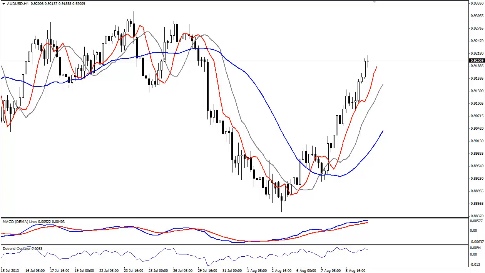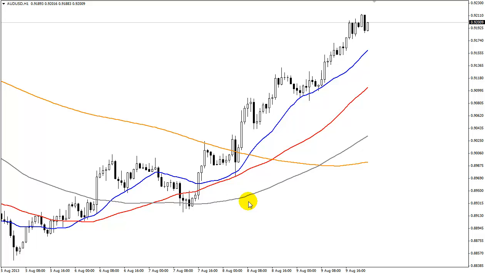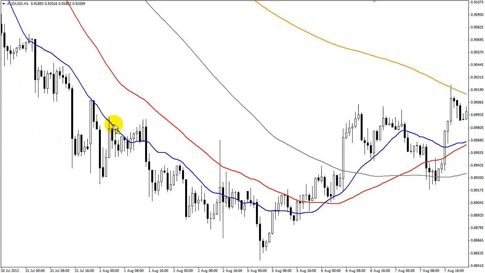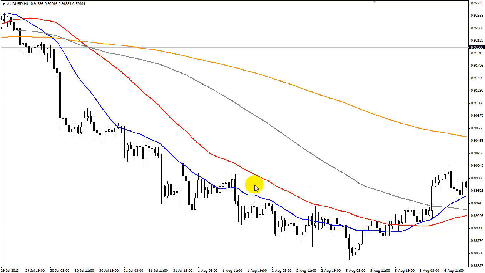On the hourly chart, we can see that the moving averages are now in a very bullish configuration, and I tried to enter long on the market by this bar here, but I didn't stay with the long position because I aggressively moved the stop to break even, because the market still had downward momentum.